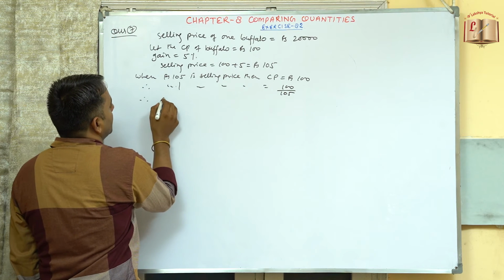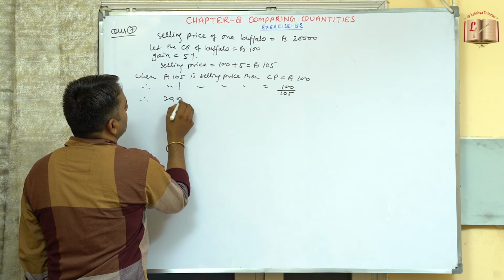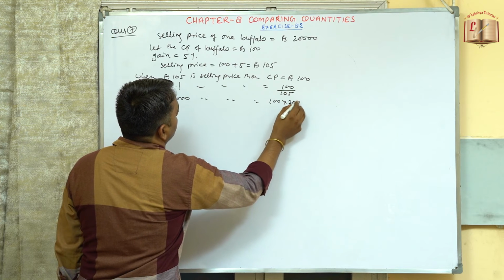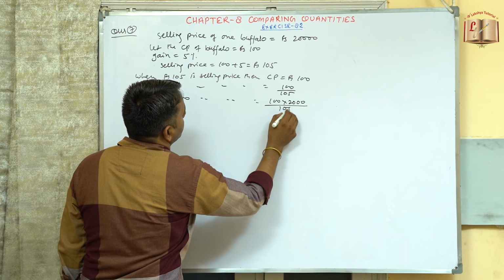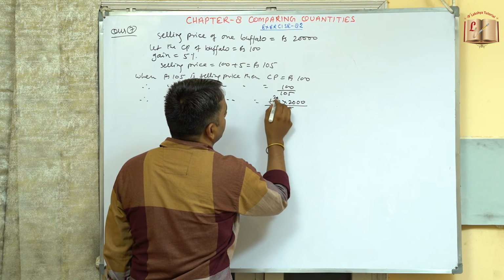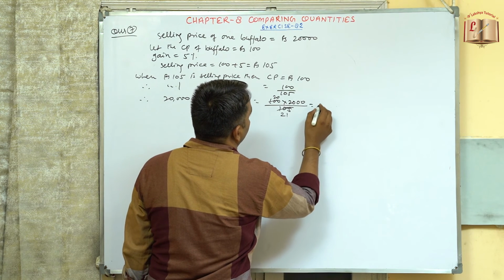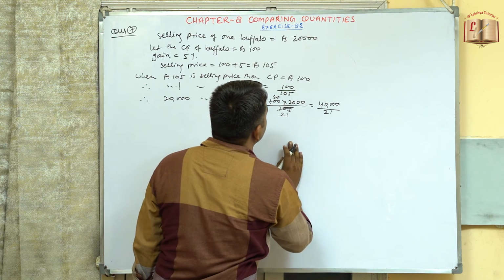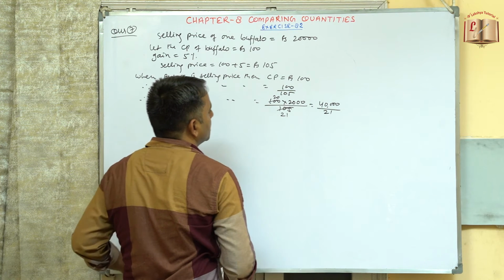So when this is now 20,000, it will be now 100 into 20,000 divided by 105. So this is 5 2 1 and 2 0. Now we can solve it. So this will be now 40,000 divided by 21.